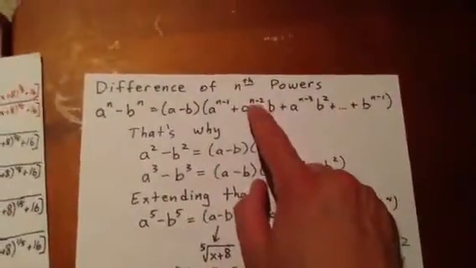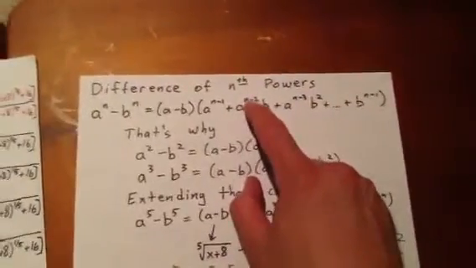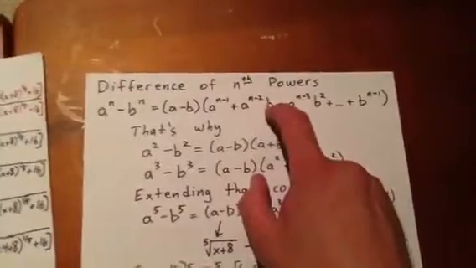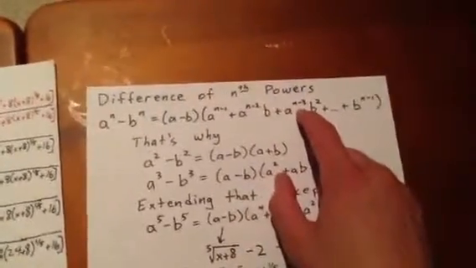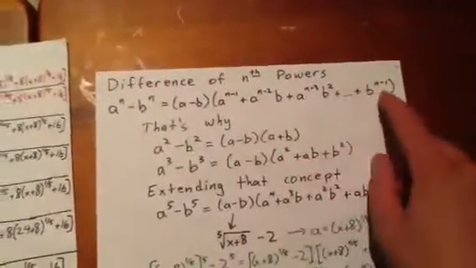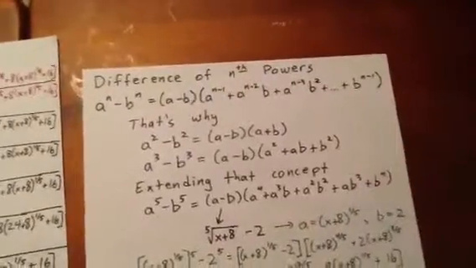Our second term in the second factor will have an a to the exponent n minus 2, but then we'll add 1 to the exponent of b, so it'll be b to the 1. And then a to the n minus 3, subtract 1 from that exponent, but add another 1 to that exponent. All the way to the end, where our last term in the second factor will be b to the n minus 1.